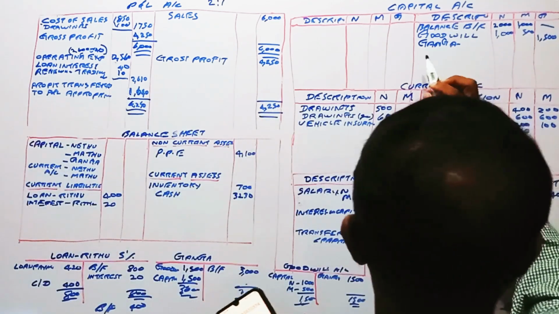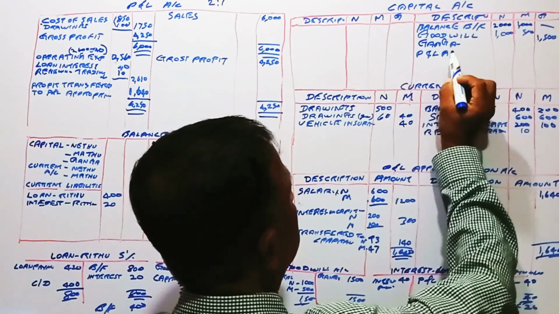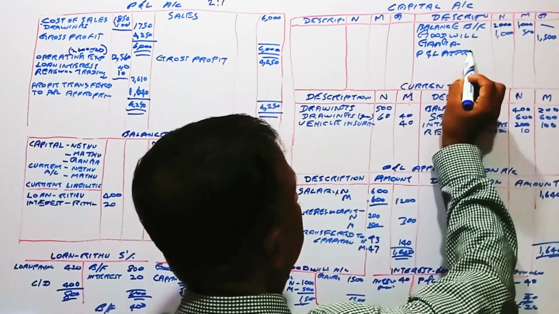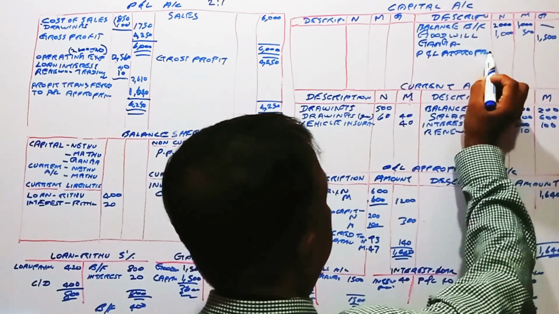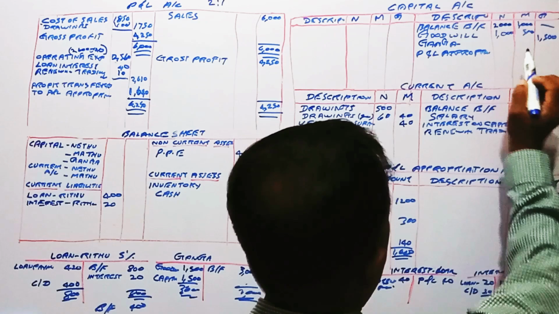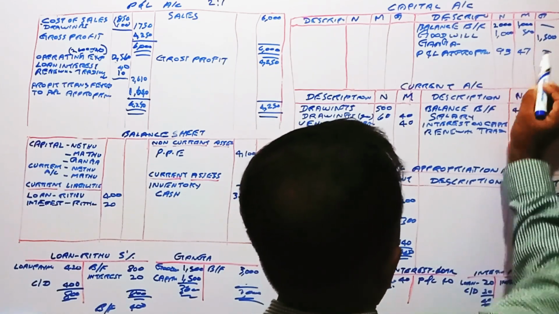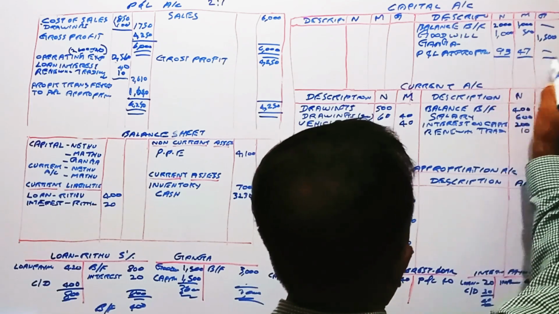Profit and loss appropriation account, right? 93 and 47.